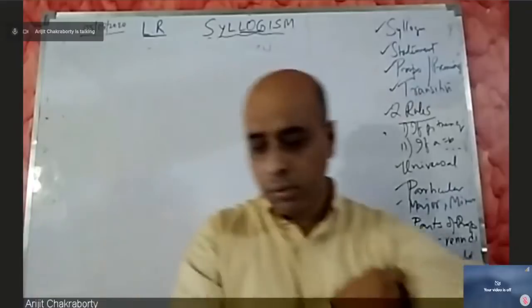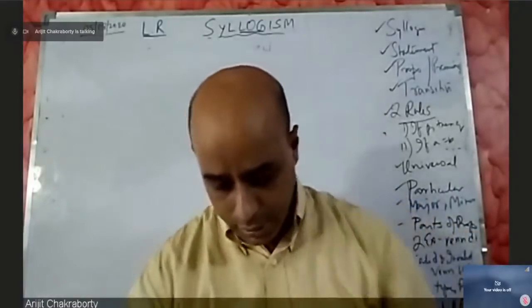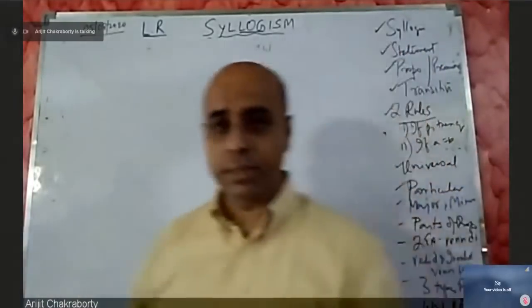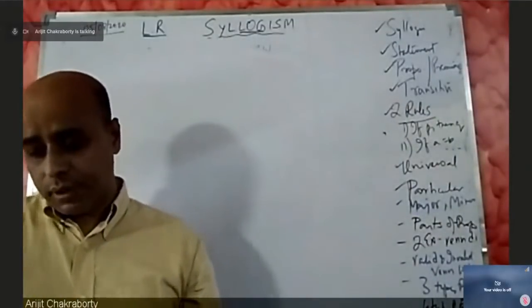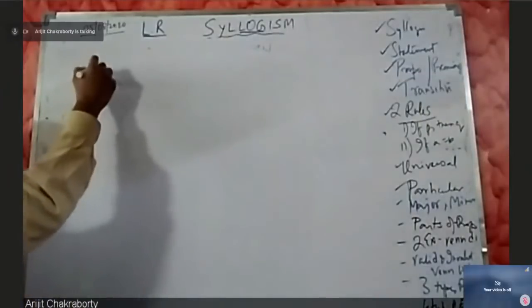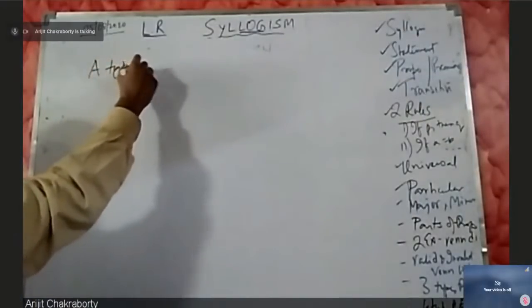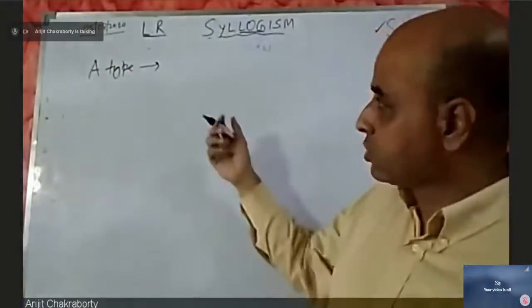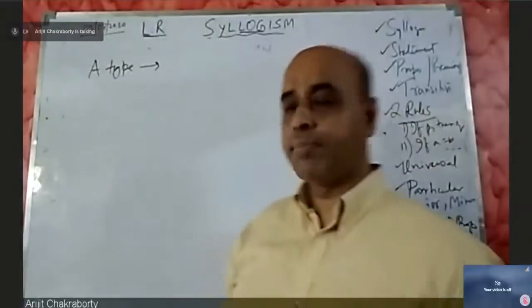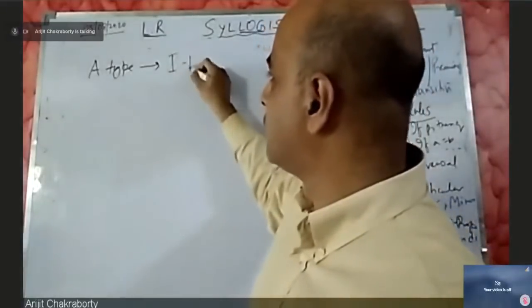Okay, now the rules are like this. Again, we draw a table, and I request you to keep a snapshot of this table. So, the rules for conclusions: we have to use this table. A type can be converted to I type.